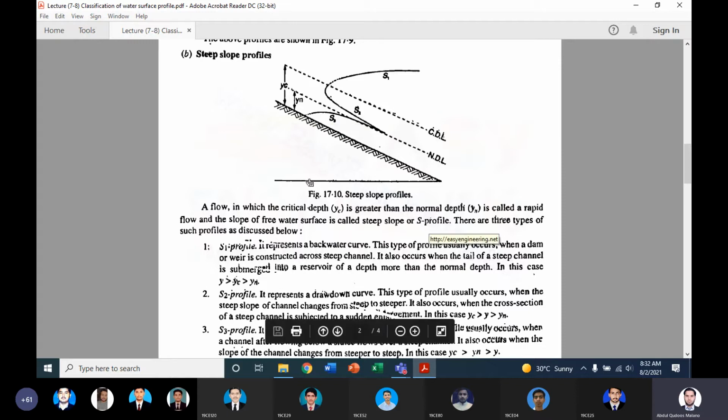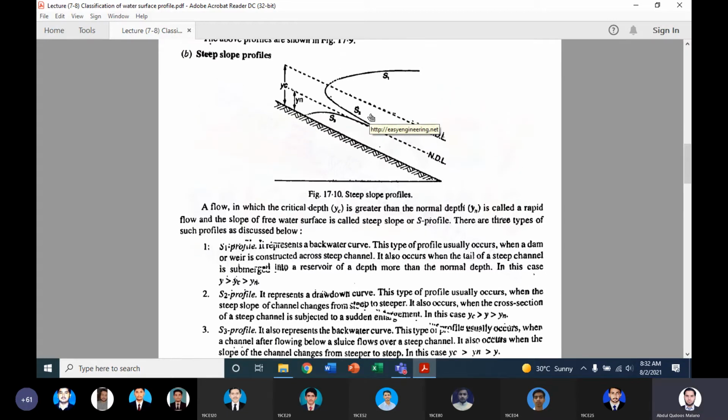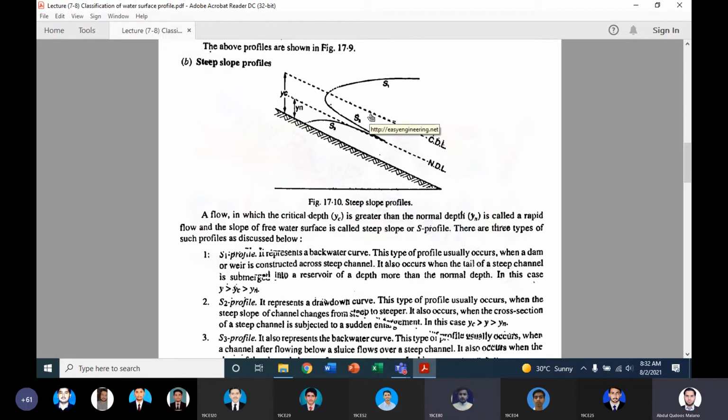ठीक है, so the third profile, now what will be the status? Yes, the critical depth is greater than the normal depth and the normal depth is greater than the depth of the flow.